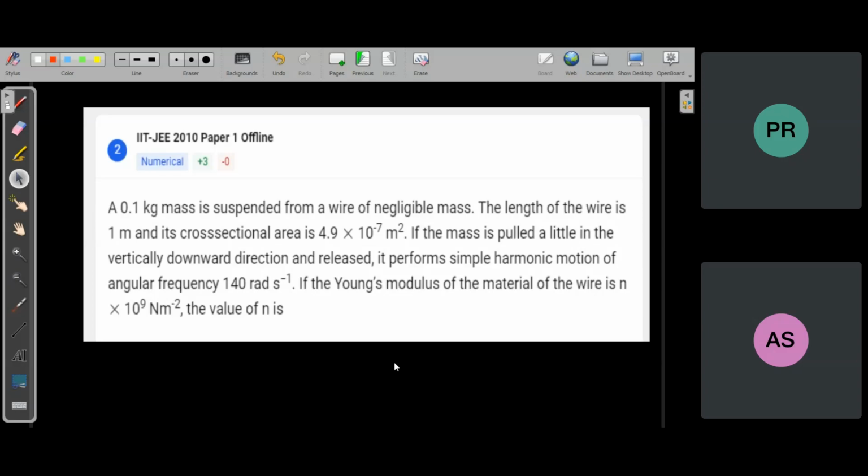You can ask your doubt or you can tell me the equations. Here you will have to apply some of the concepts of elasticity also.